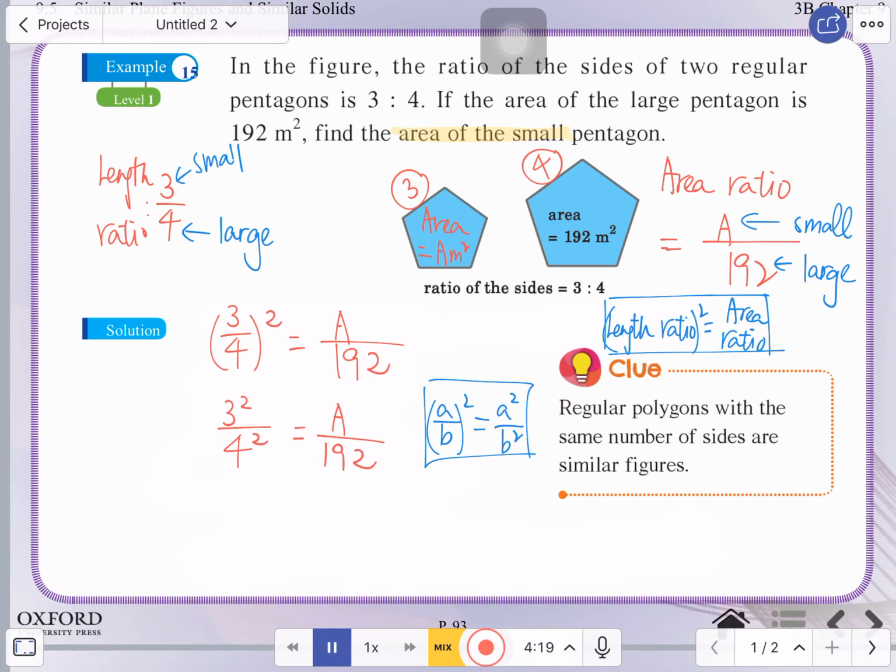And then you can move the 192 to the right-hand side by multiplication. So on the right-hand side you now only have a, and the left-hand side will be 3 squared over 4 squared times 192.